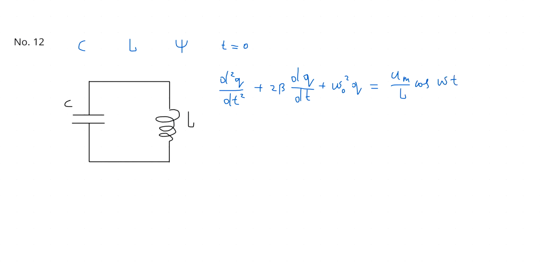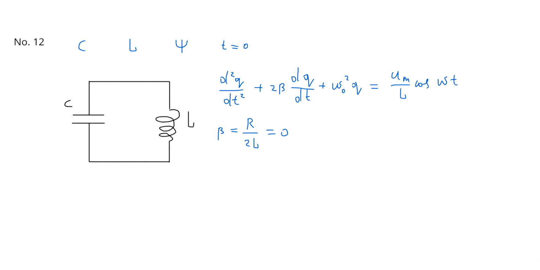Okay, but in this situation we don't have any resistance because we have a simple LC circuit. We don't have resistance, so beta, the damping coefficient, which is equal to R divided by 2L, is equal to 0.